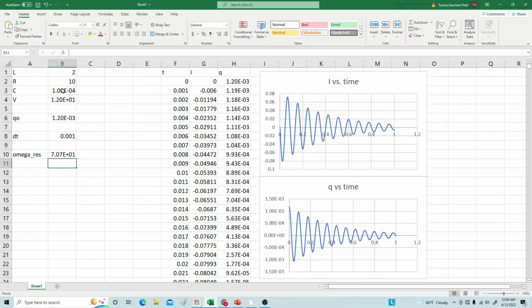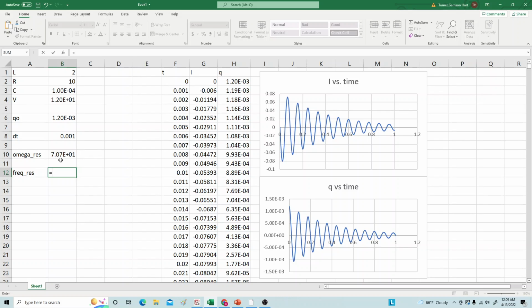So the regular frequency is going to equal 1 over 2 pi times that, right? Now, this is 70, right? So 7.07 times 10 to the first is 70.7.